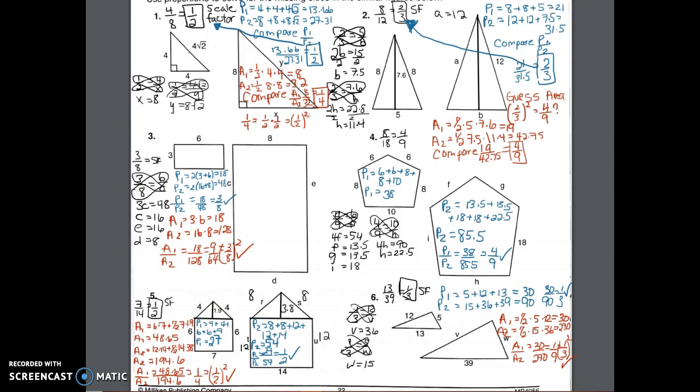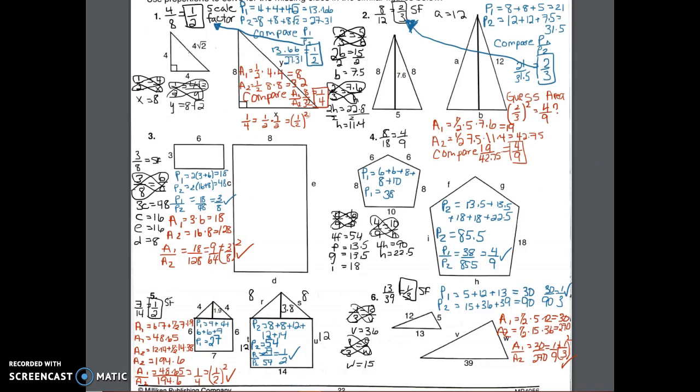And you should be able to see that 3/8 shows up in both the perimeter and the area formulas. On number 4, I just did the perimeter. I didn't have enough information to do the area. And the perimeters go back to the scale factor of 4 to 9.